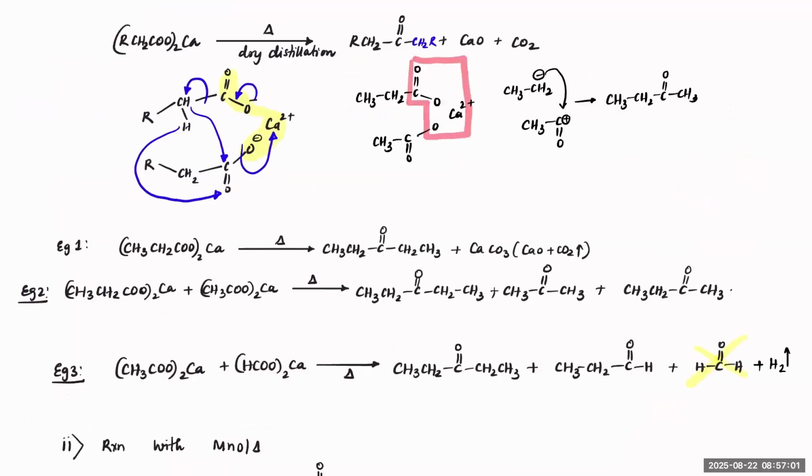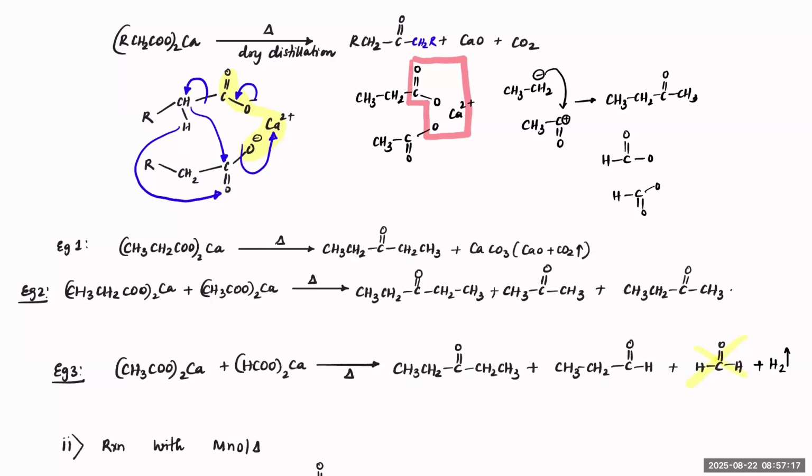Look, I am saying H C double bond O and I have O minus, H C double bond O here, like this.